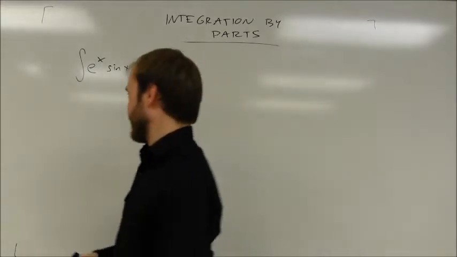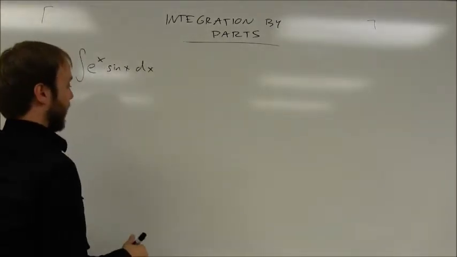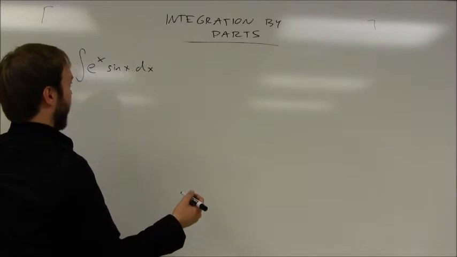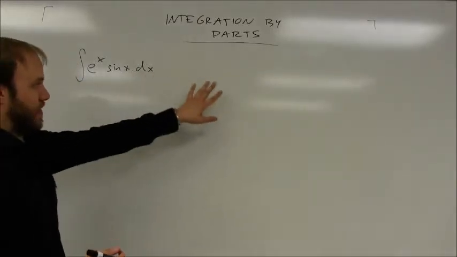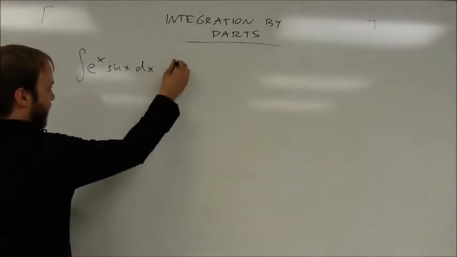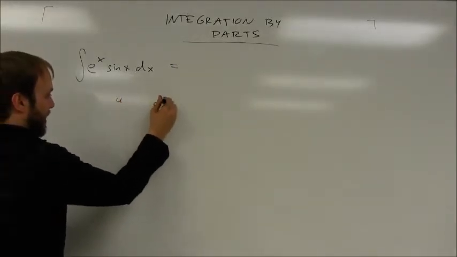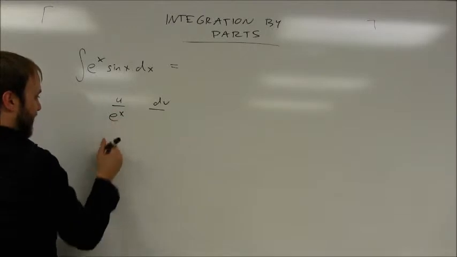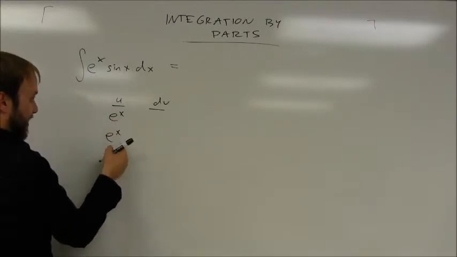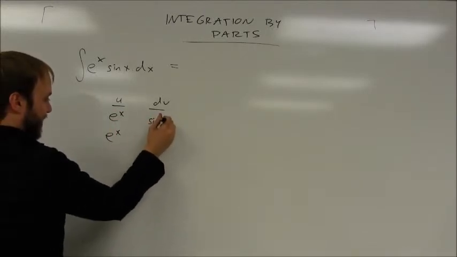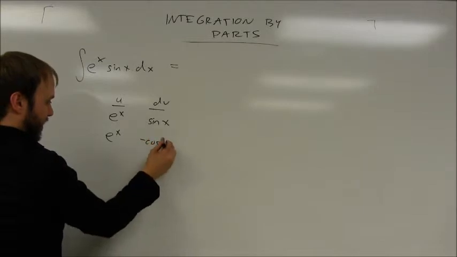Watch this very carefully. This is a little bit interesting. I'm going to write this original function, and I'm going to leave this on this side. And I'm going to break it up as u and dv. I'm going to do an e to the x, and the derivative of that is e to the x. I'm going to do a sine of x. The integral of that is negative cosine of x.